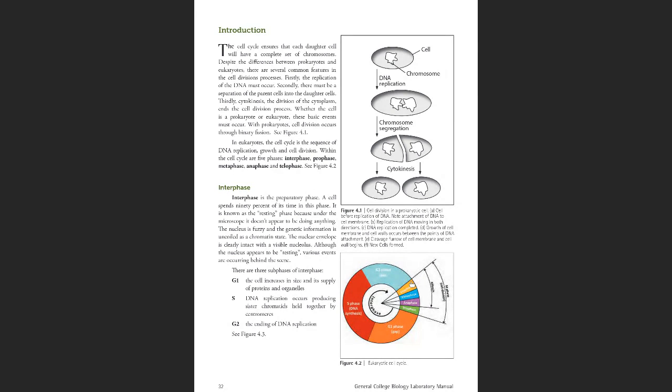Mitosis has four phases: prophase, metaphase, anaphase, and telophase. And after that, the cell either can exit the cell cycle to do whatever job it has to do, or some of them can go again into another round of the cycle.